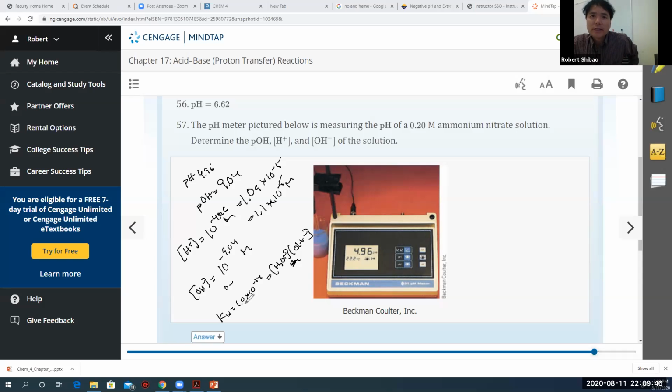And so if I take KW divided by hydronium, that should give me the hydroxide. So either way, I'll just do it the first way there. I'm going to take shift log base 10 minus 9.04. 9.12 times 10 to the minus 10 molar.